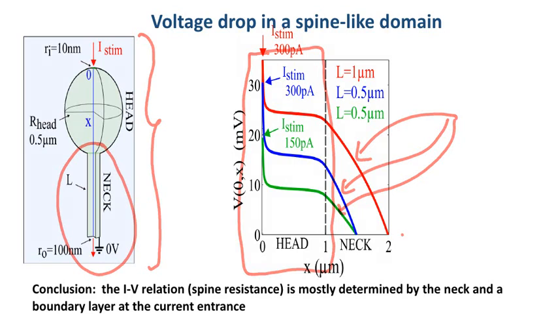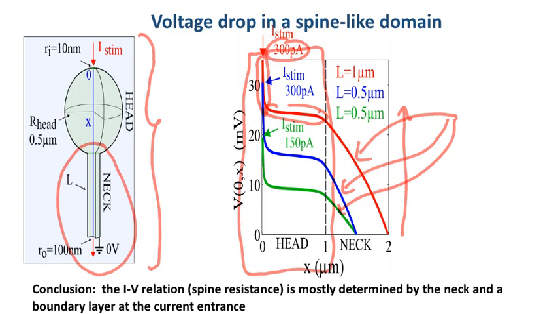You see the drop here, for example, for the case where a current of 300 picoampere is injected. Again, we have a first region where you have a large drop. Here you are in the head, and then here there is a connection, and it's not a straight line, but there is some small deviation.